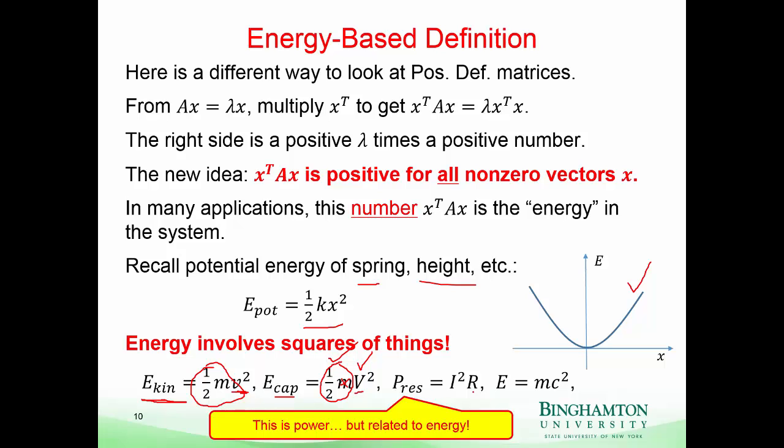And then we've got a resistor. We can find the power dissipated by a resistor with a resistance value of R as I squared times R. Now, technically this is a power, but power is related to energy. Do you remember how? If you're an electrical or computer engineer, that's something you should be aware of. These are things that we shouldn't just learn and forget. We're building a structure inside your brain to help you think like an engineer.